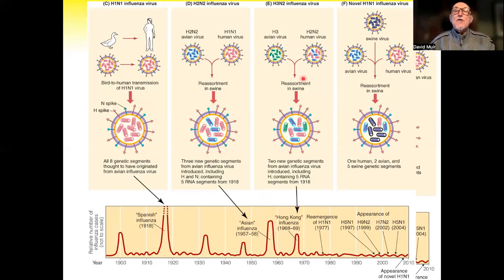This was H3N2, and this was an avian virus and a human virus, which again reassorted in pigs, and there it is there. This one here is a little bit different. This is a relatively unusual flu virus. It was actually a pig virus, whose genome became mixed with bird and with human.